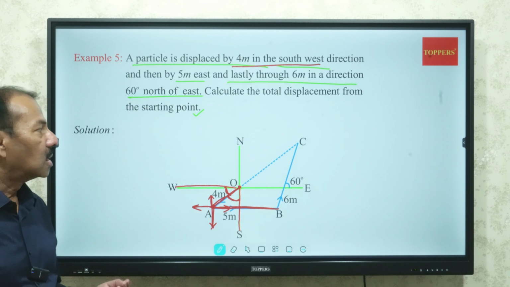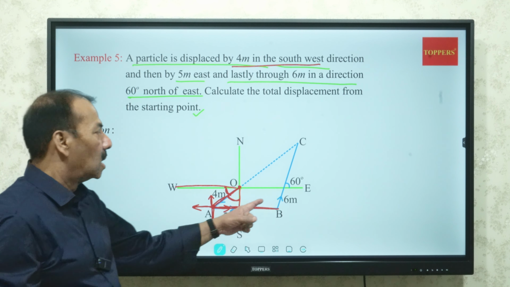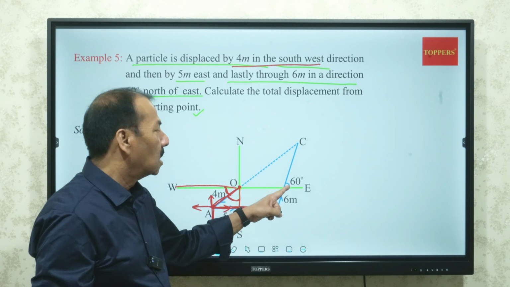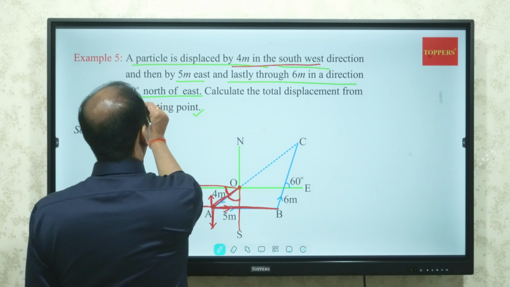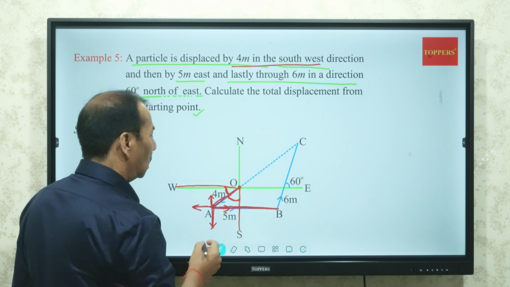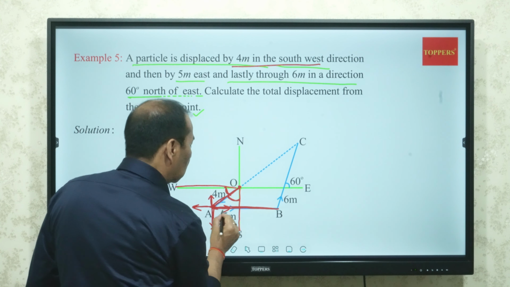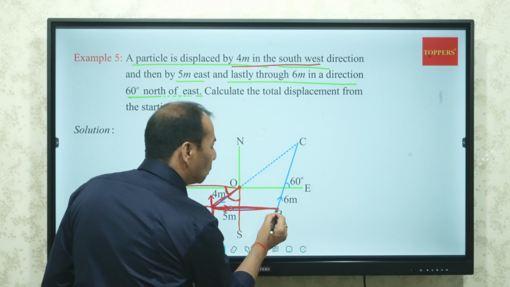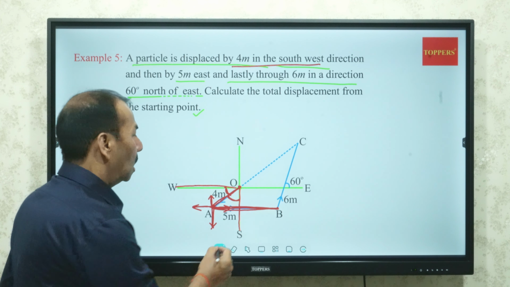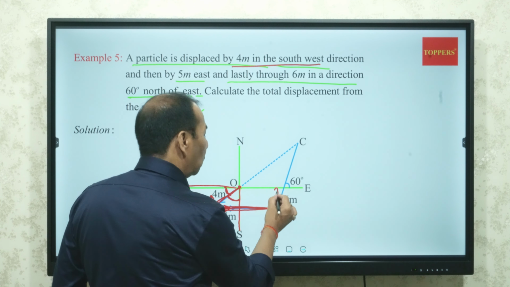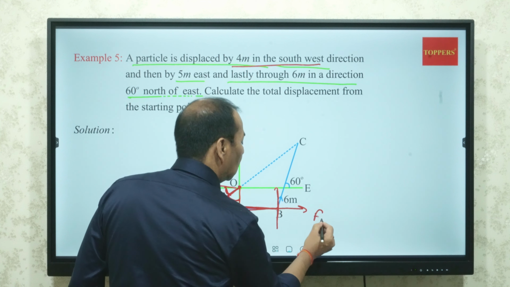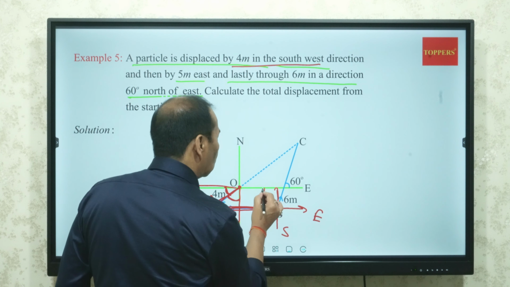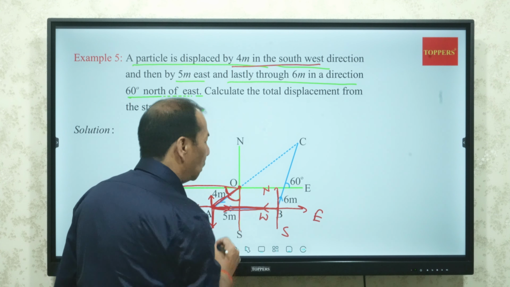Then 6 meter, 60 degree north of east. Now see here, the particle has reached here. From this point again 6 meter. Again at this point you have your directions: this side east, this side south, this is north, and this side west.